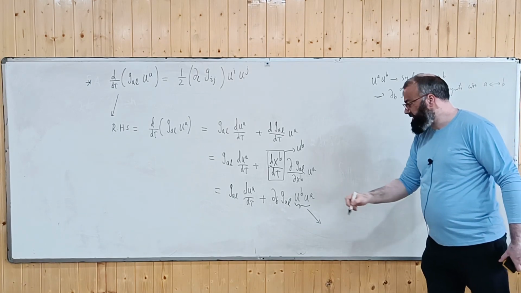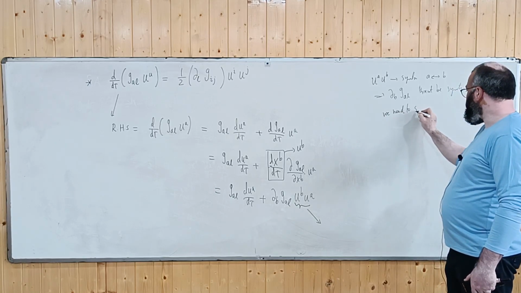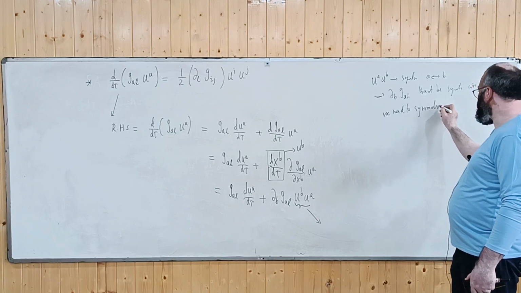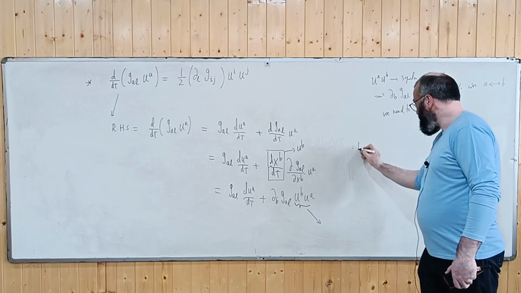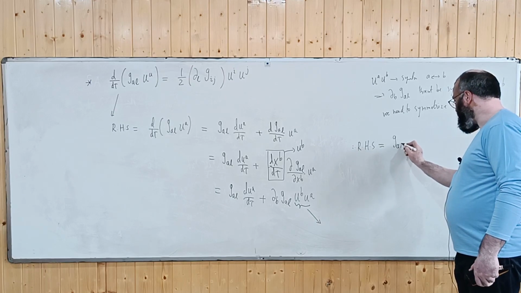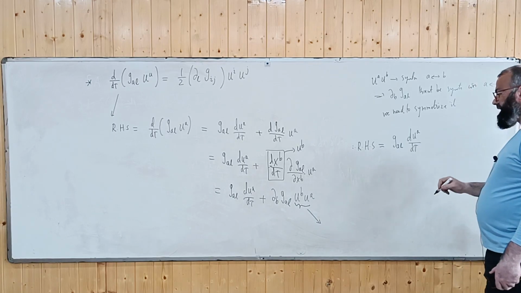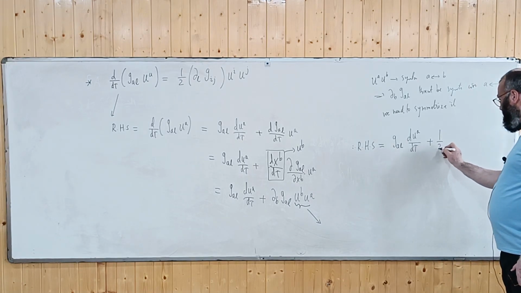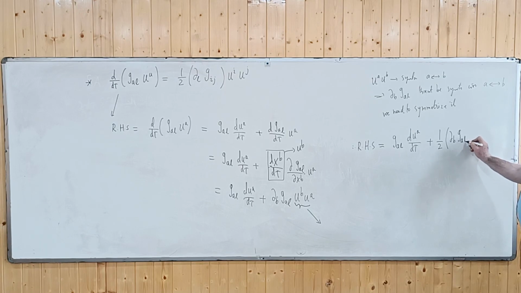So that means I need to symmetrize it. Therefore our RHS is equal to g_AL du^A/dτ plus, I can write half of this, ∂_B g_AL plus ∂_A g_BL.